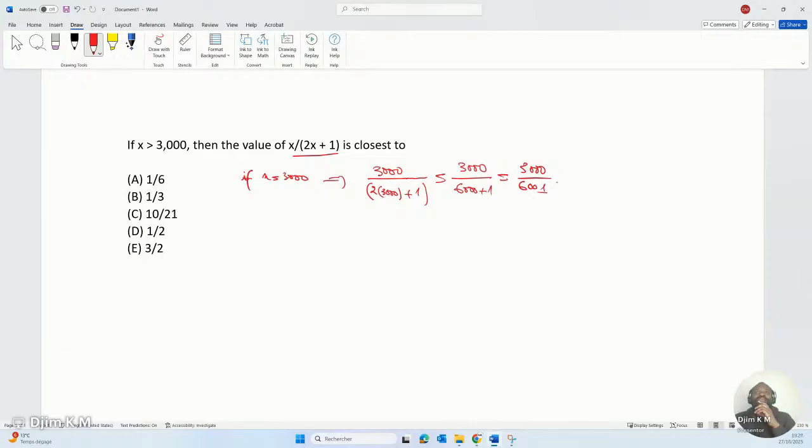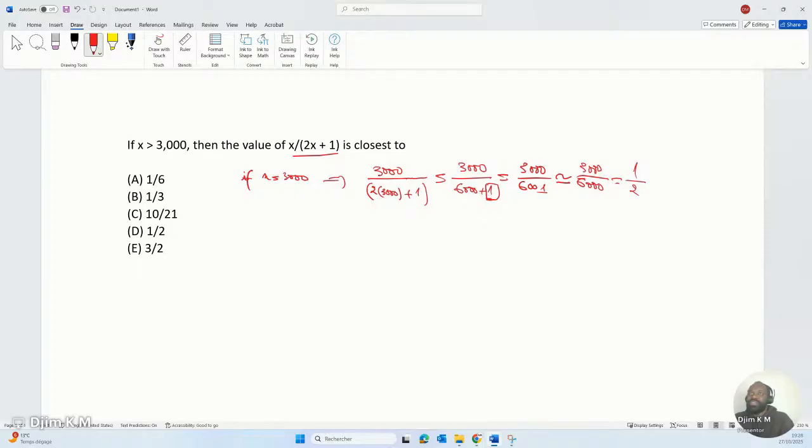So this is approximately equal to 3000 over 6000, which is equal to 1 over 2. Because the 1 here is not significant. It's not going to make much difference if we add 1 to the 6000 here.